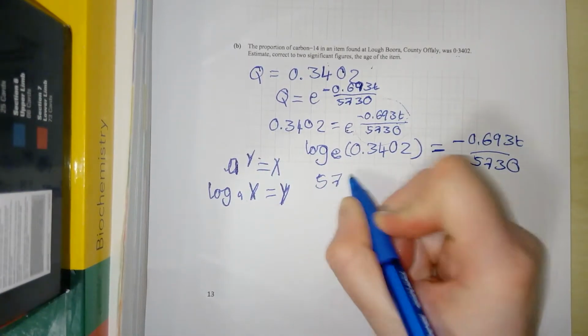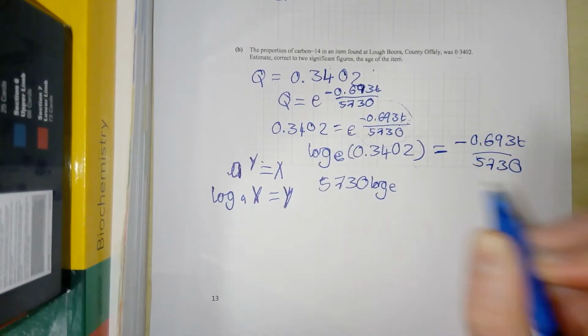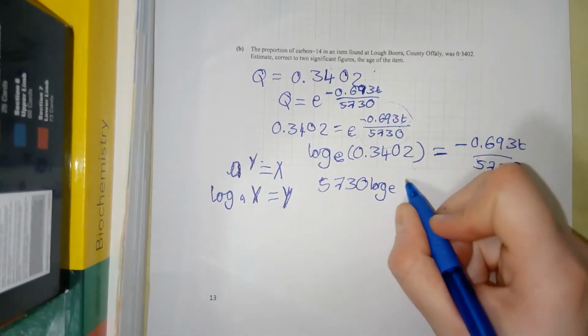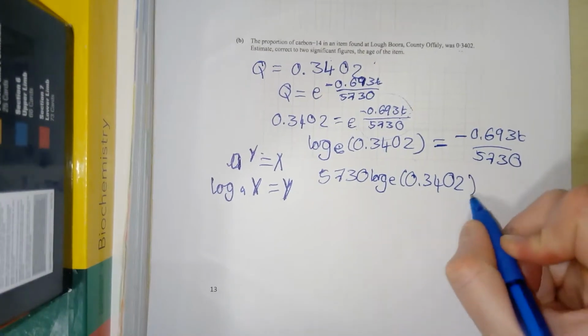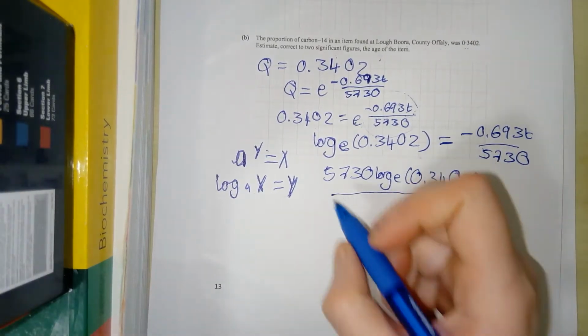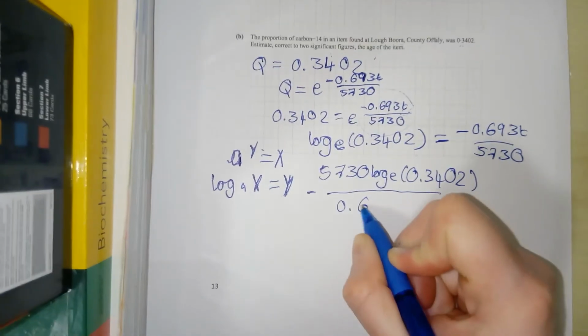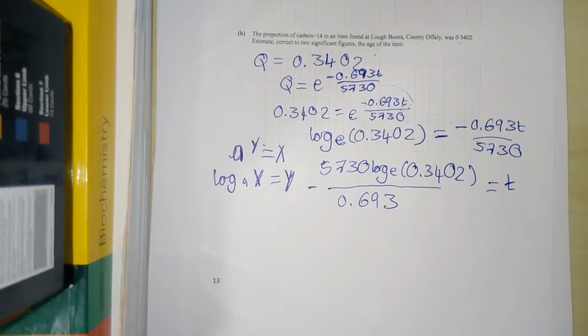So that would be 5730 log e, or we can use natural log ln, of 0.3402. Then we also divide by what's on the bottom, which is minus 0.693, and that's equal to T.